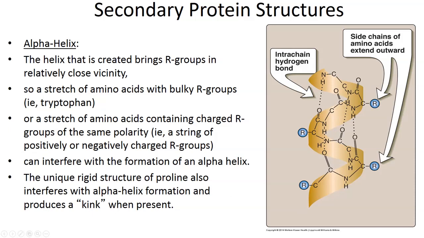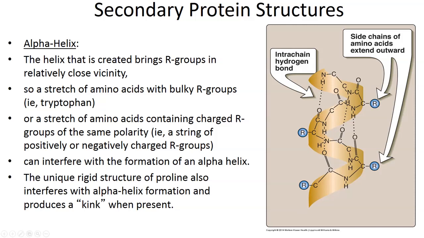Now this helix actually brings the R groups in relatively close vicinity, okay, as it spins around. So if you have a stretch of amino acids in a particular polypeptide where you have very bulky R groups, an example of a bulky R group would be tryptophan. Tryptophan has the biggest R group.